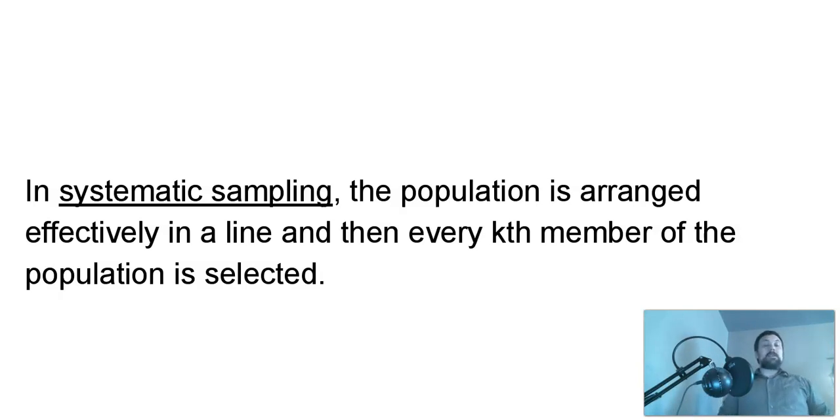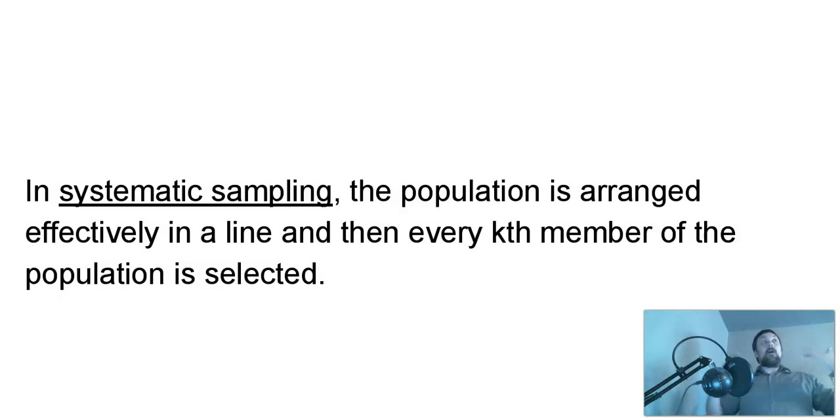So I like to think of this as conveyor belt type sampling, where every member of the population is placed on a conveyor belt, one after the other, and every 10th one you select for the sample, or every 8th one, or every 20th one, whatever number you want to pick, as a member of your sample and do your measurements or whatever.